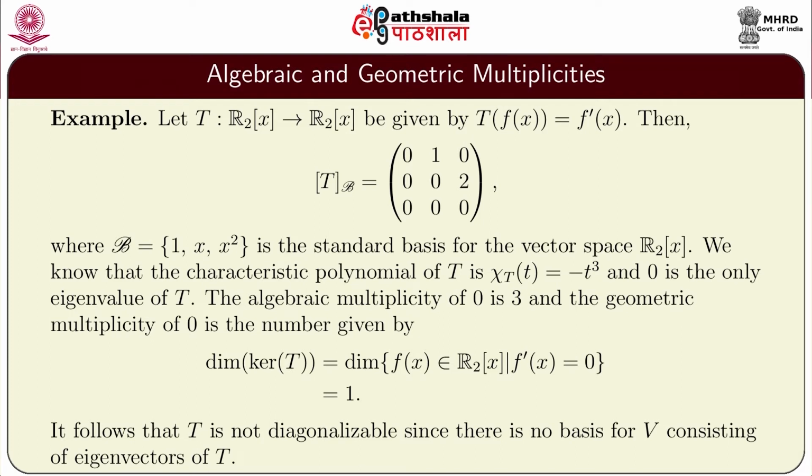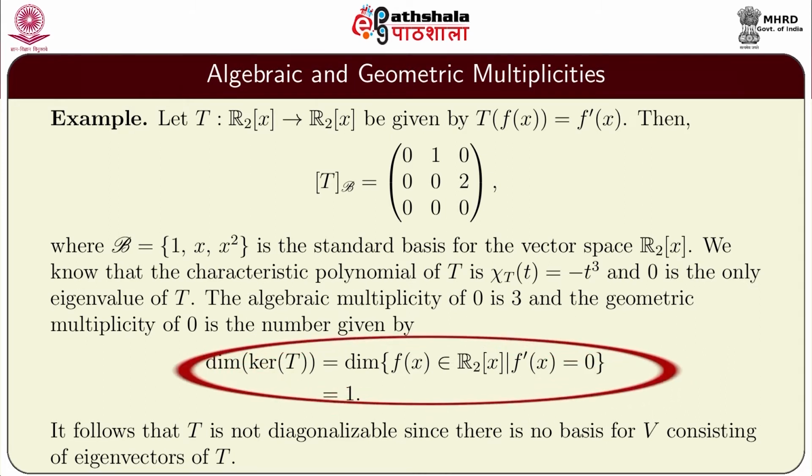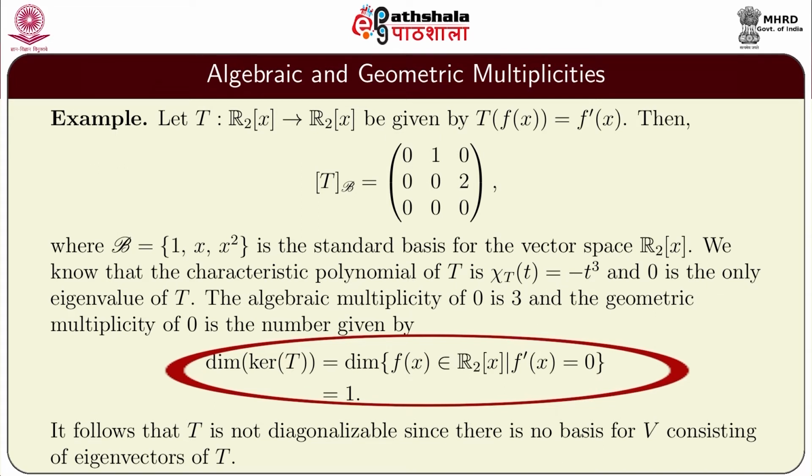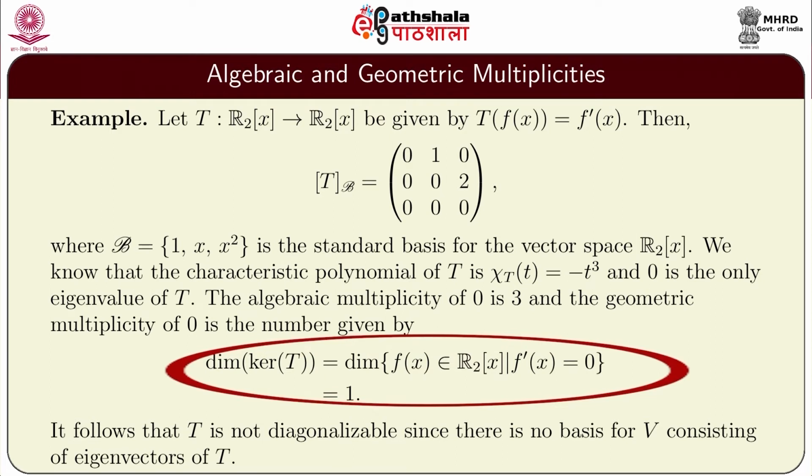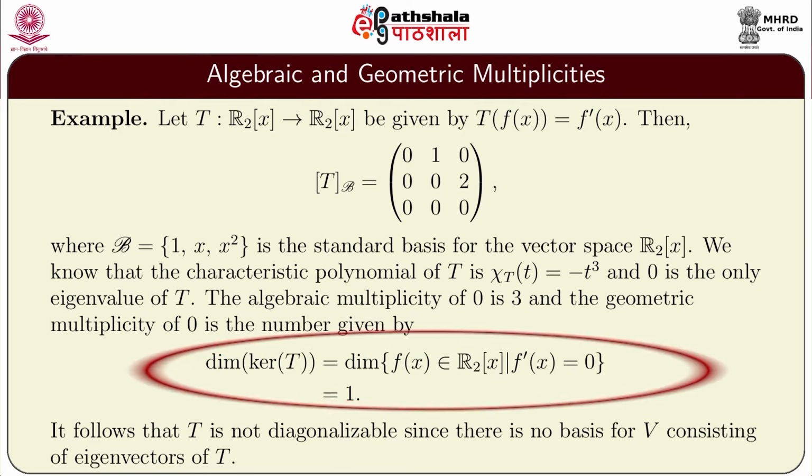Therefore, the algebraic multiplicity of 0 is 3, and the geometric multiplicity of 0 is the number given by the dimension of kernel T, that is the dimension of the subspace containing all those polynomials f(x) whose derivative is 0, and therefore these polynomials have to be the constant polynomials, so the dimension is 1.